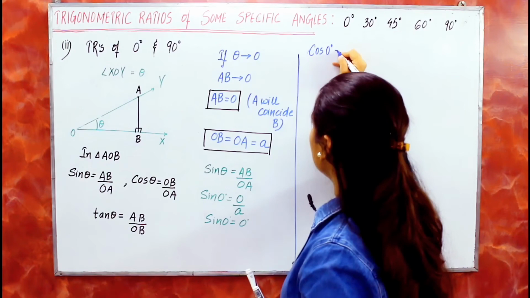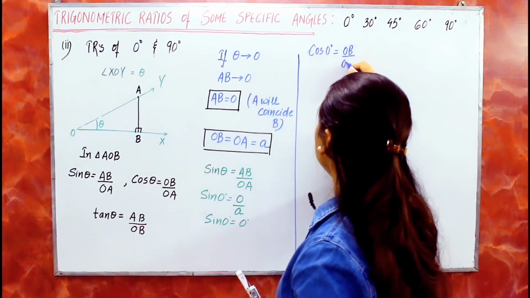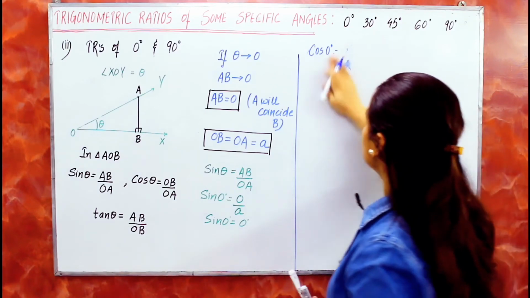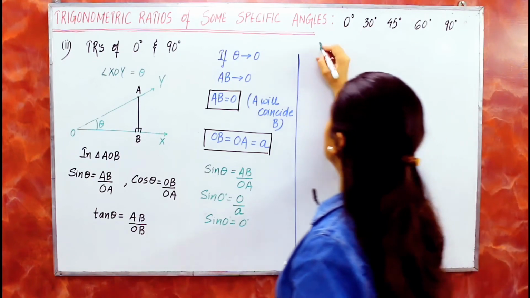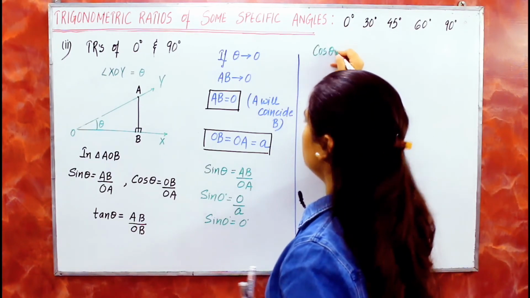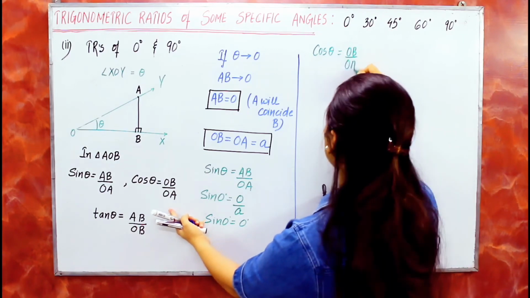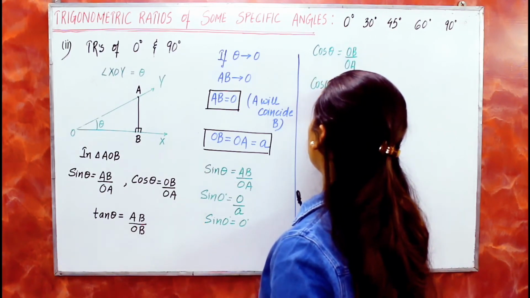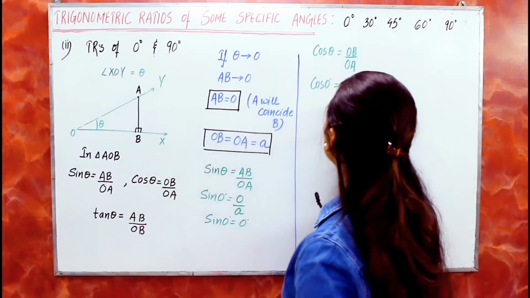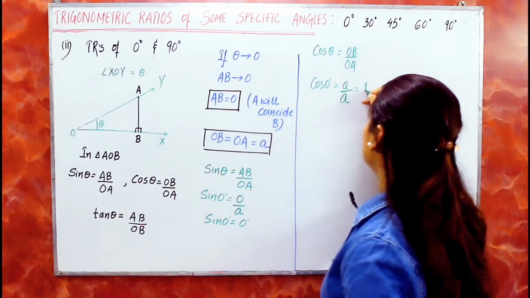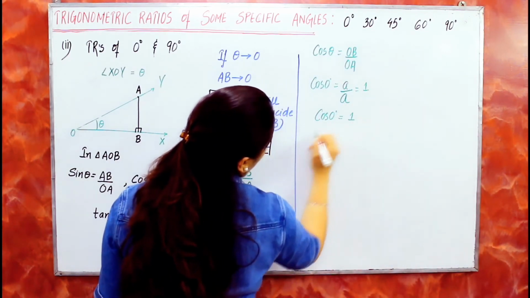Cos theta is equal to OB upon OA, and cos 0 degrees: the value of OB is a and the value of OA is a, which means cos 0 is equal to 1.